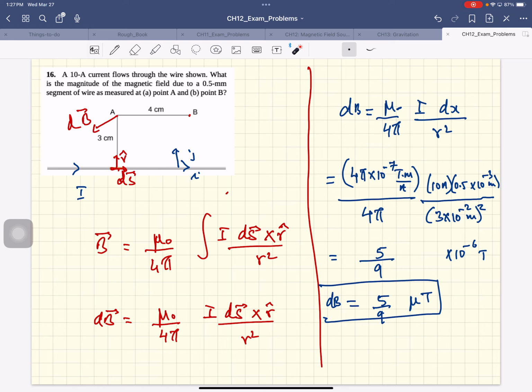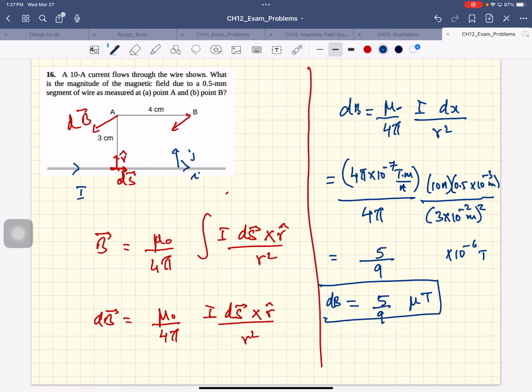What do you think the answer will be compared to that? It will be smaller because this distance is greater. The direction will be the same, but the strength of the field should be smaller. So let's find that.